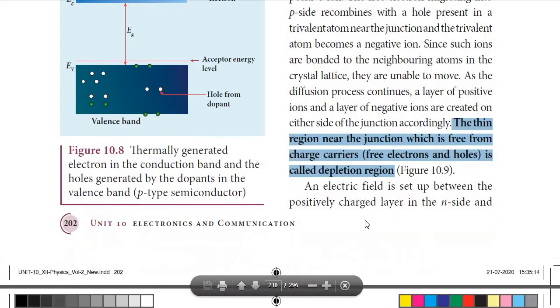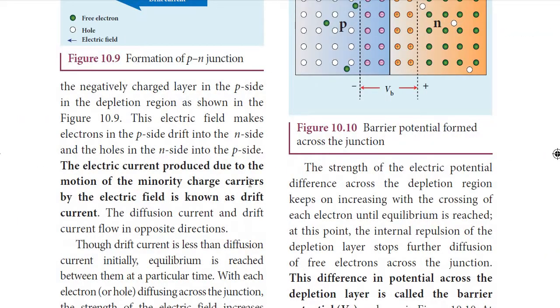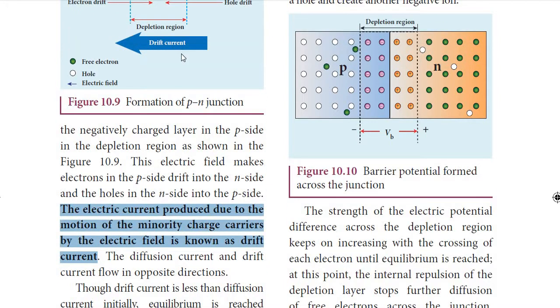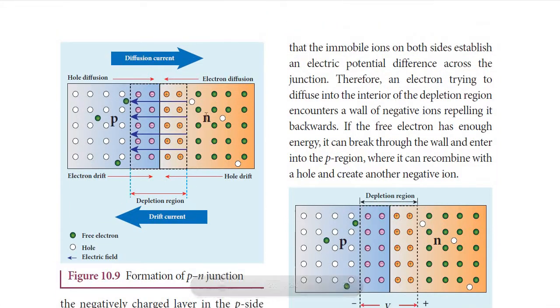The next definition: what is meant by drift current? Drift current means the electric current produced due to the motion of minority charge carriers by the electric field. Here the minority charge carrier is on the N-type side.